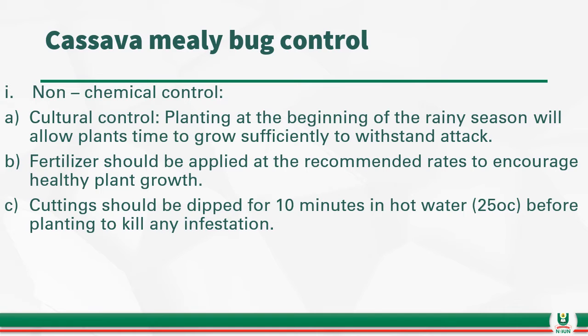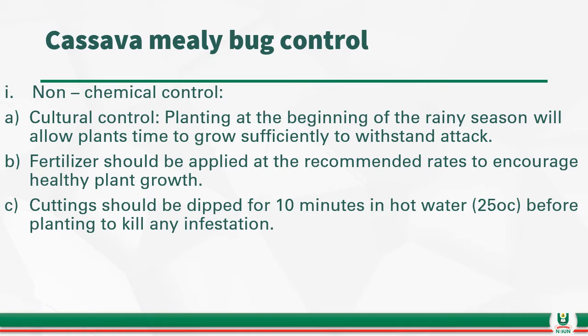And also fertilizer application is usually recommended at the normal rate to encourage healthy plant growth so that when this cassava mealybug attacks it, it doesn't really have any effect. When the plants are growing healthy, they kind of form an immunity against this cassava mealybug.